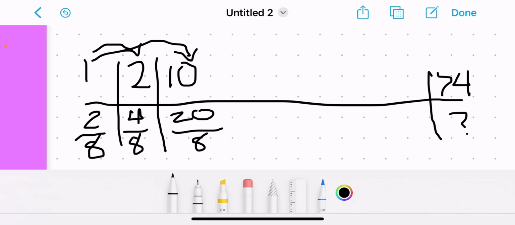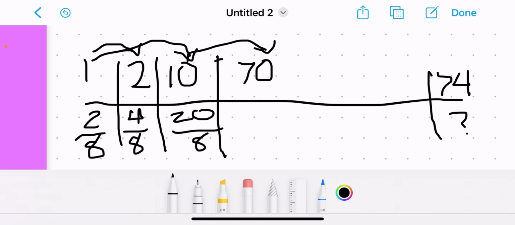Like I showed before, if I'm using repeated addition, my denominator should stay the same. I need to get to 74. So the next thing I'm going to do is take the product of 10 times 2/8, and I'm going to multiply that times 7 to find 70 times 2/8.